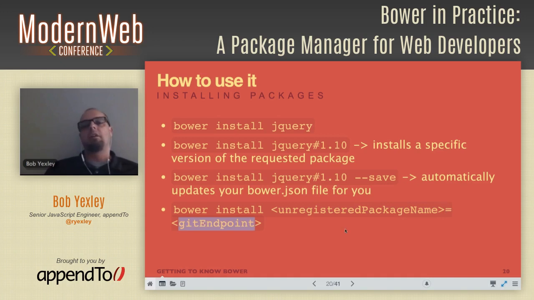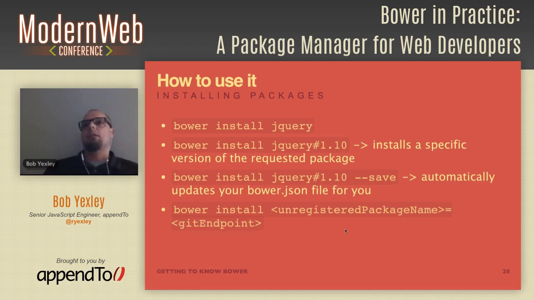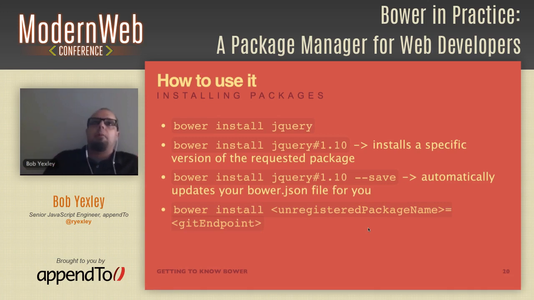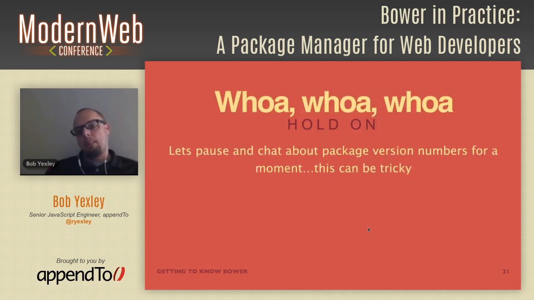So if you find a library that's just out there on GitHub that you want to include in your project, you can use Bower to install and uninstall that project with this command right here, which is really useful. And we'll get to that in a little bit, but that's all because Bower is built on top of Git. We'll talk about that more in a little bit.